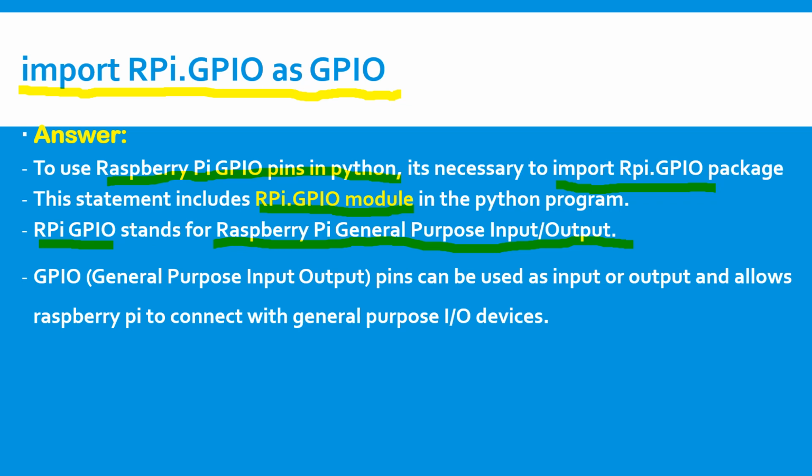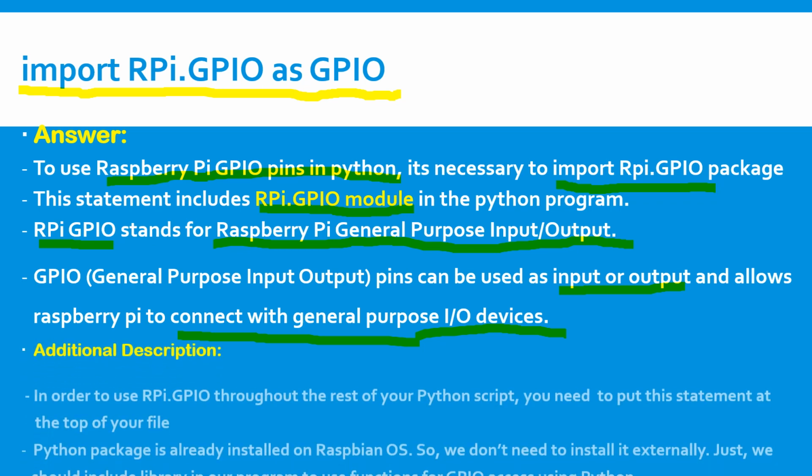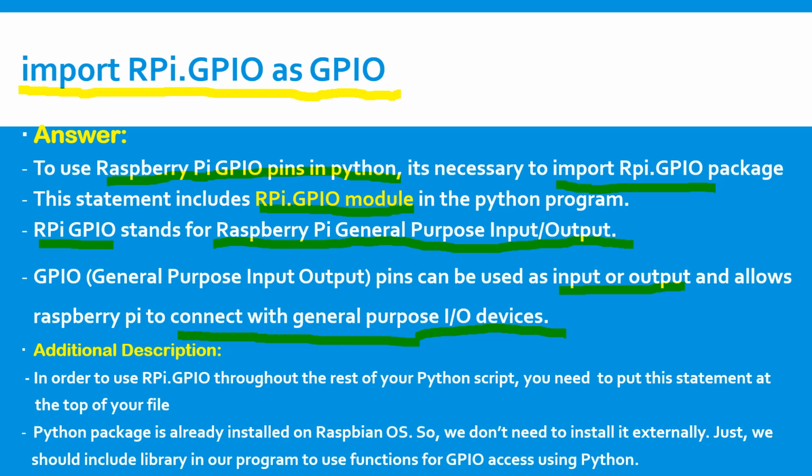GPIO pins can be used as an input or output and allow Raspberry Pi to connect with the general purpose IO devices. We can set GPIO pins as an input or output in our Python program. So, additional description about this.